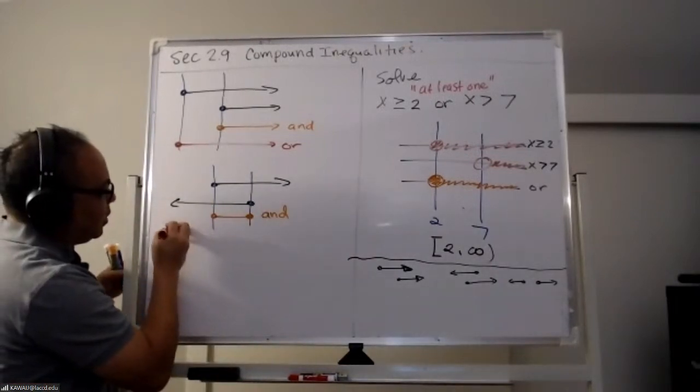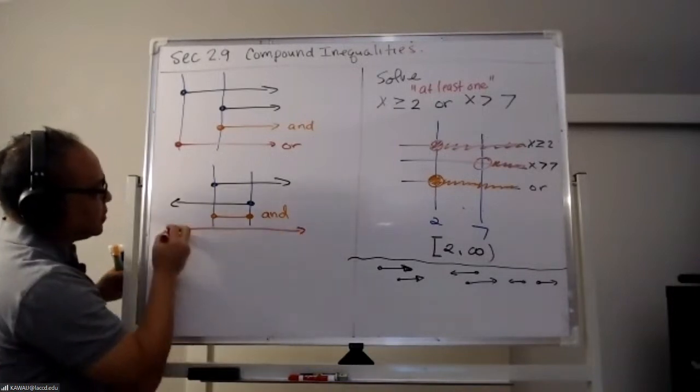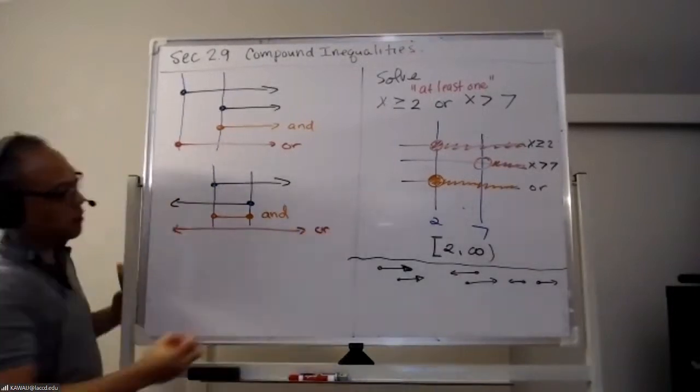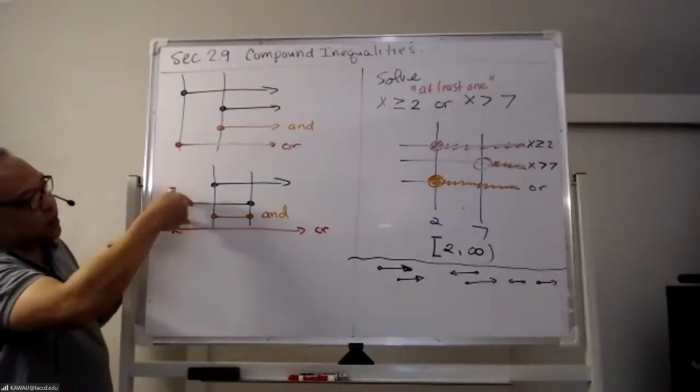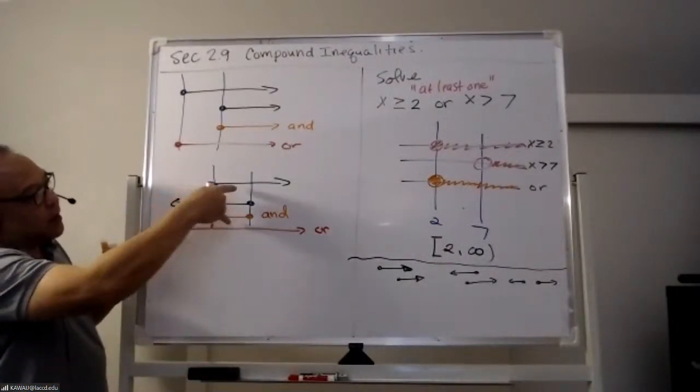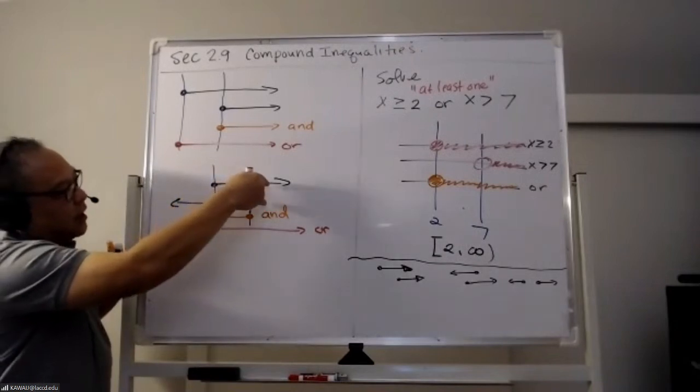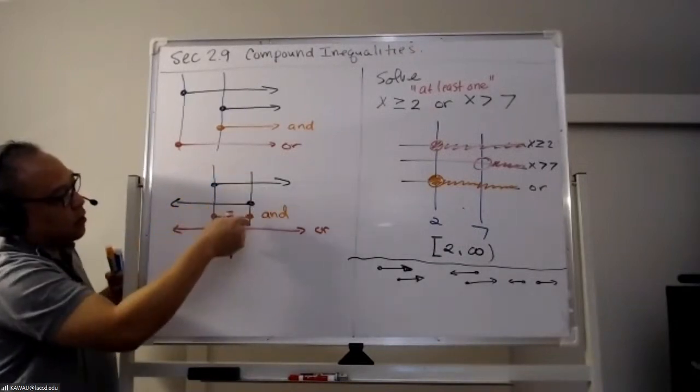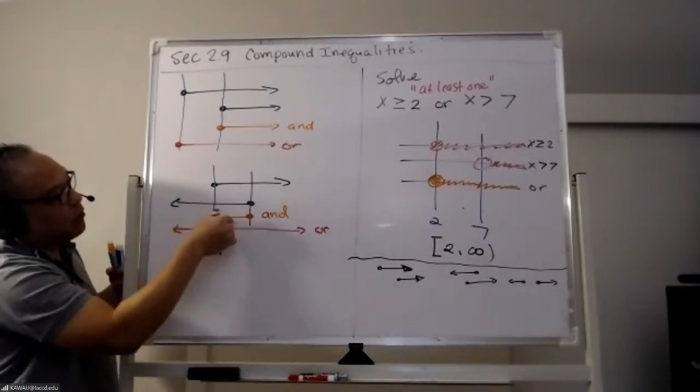Then or would be all the way across. Right? Or is at least one. At least one of these is shaded in, at least one of these is shaded in, at least one of these is shaded in. Over here, they're both shaded in only right here.